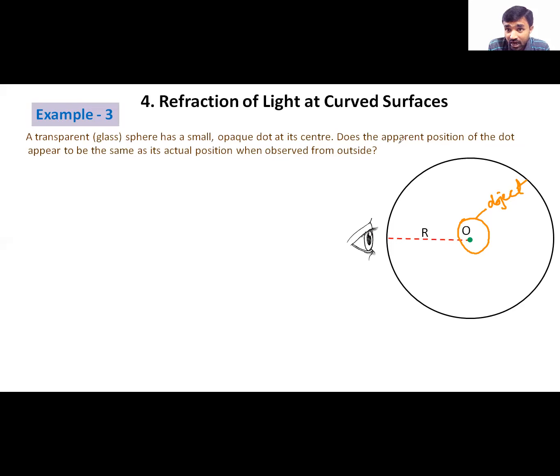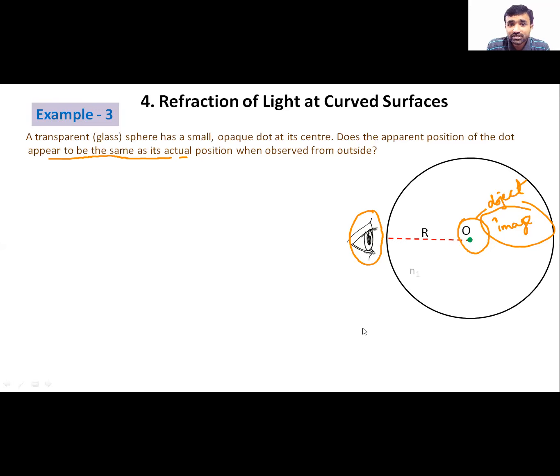Then, does the apparent position of the dot appear to be the same as its actual position when we observe from outside? From this position I am observing, so can I see the image of the dot at the same distance or at a different distance? That we have to find out. So here you are finding the image distance when we view from outside of the sphere the dot located at its center.